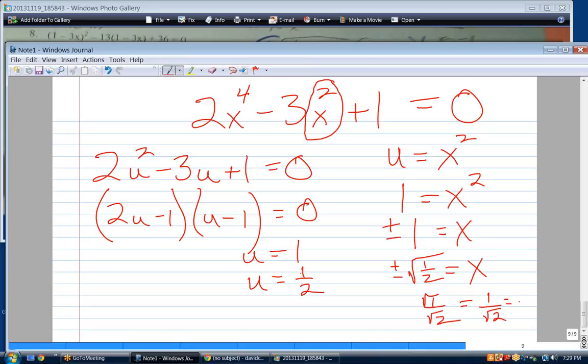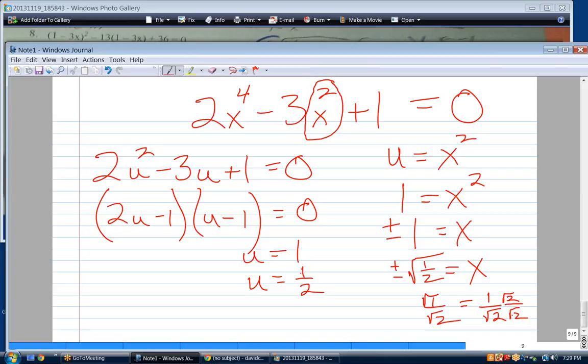So what do we end up with? Square root of 4, which is 2 on the bottom, and then 1, square root of 1. Okay, hold on. Don't make an error here. We're multiplying this by square root of 2 over square root of 2, right?